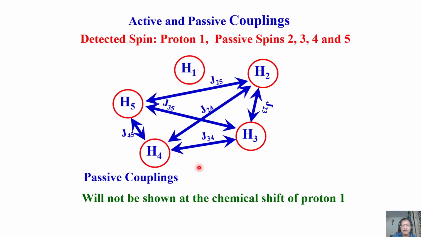All the other protons are passive spins. So coupling among the passive spins are called passive couplings. These passive couplings are not seen at the site of the active spin. Very interesting point. Must remember, this is very useful in understanding and analyzing the NMR spectrum later.